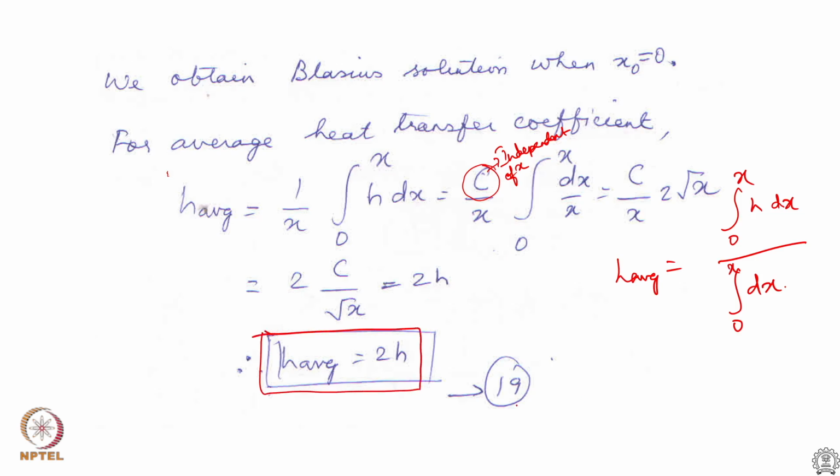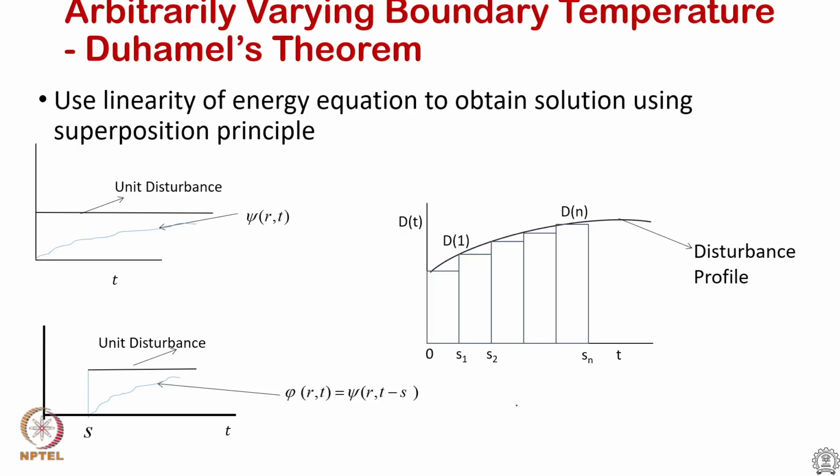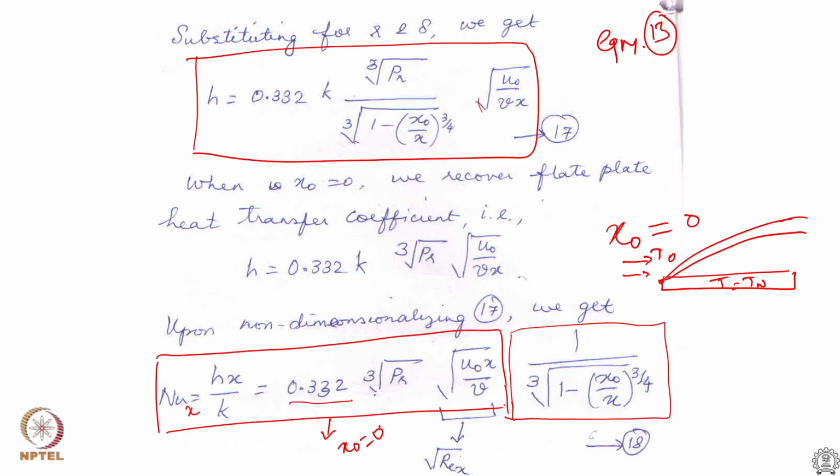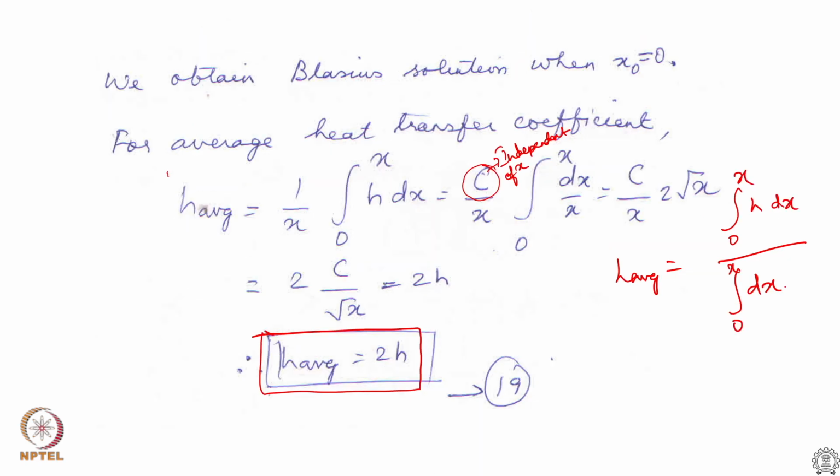So, the same relationship can be used, where 0.332 times 2 will fetch you 0.664. The coefficient is the only change that will occur, and we can use the expression developed here.